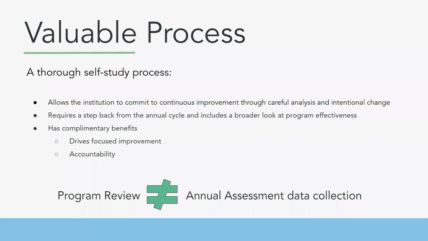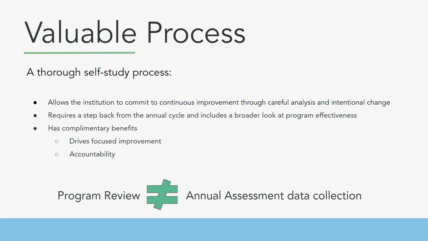We will dig into the practical elements of the program review, or PR, in a moment, but the great benefit of a well-done program review process is that it delivers to the program an invaluable broad picture of the program's strengths and challenges. Even better, it offers the program the opportunity and the mechanism to process that information and make intentional improvements.